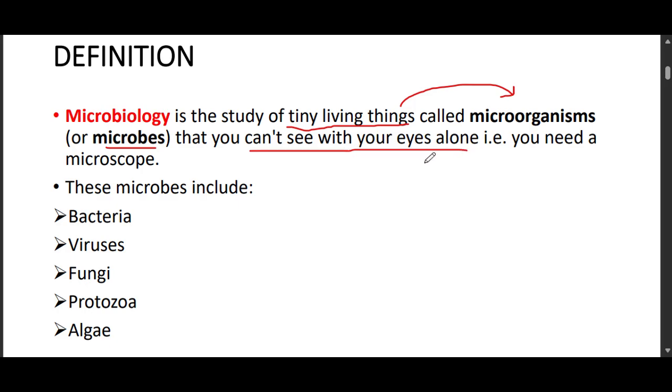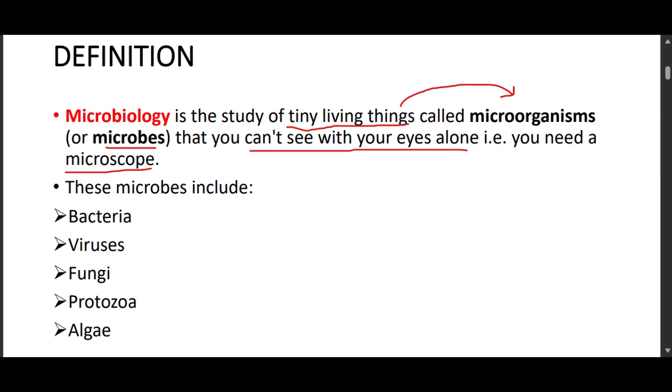What that simply means is that you can only get to see these microorganisms when you use a microscope. These microorganisms or microbes include bacteria. Bacteria are single-celled organisms which can live in many environments.